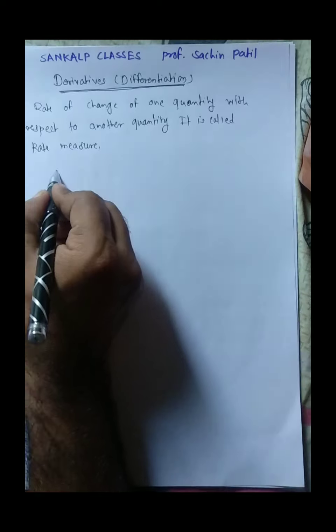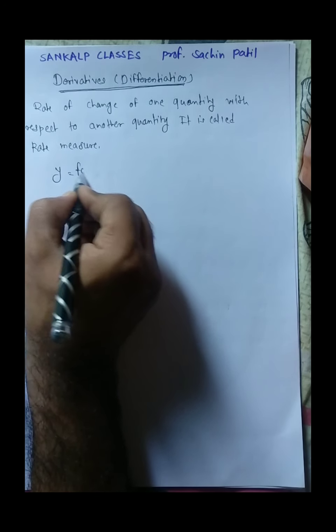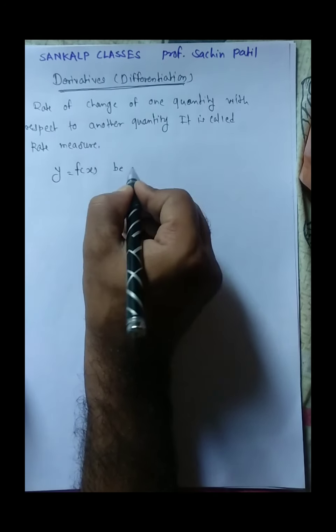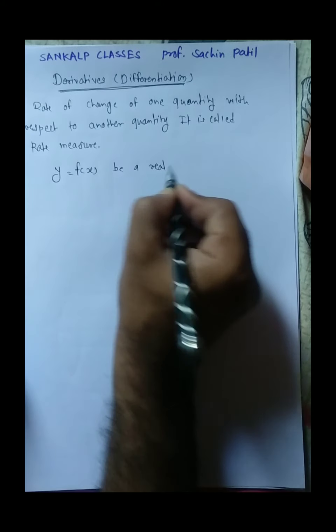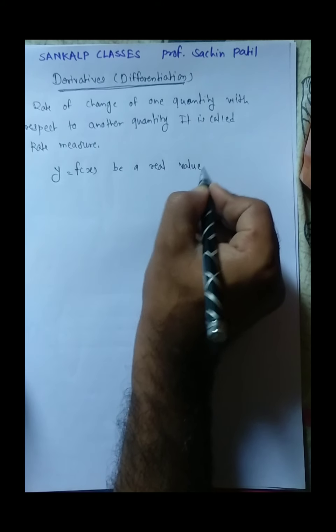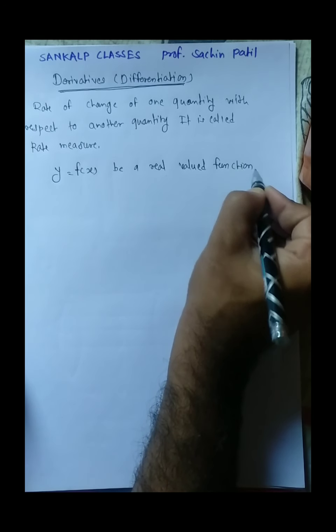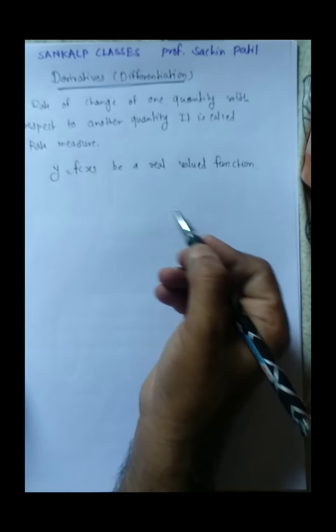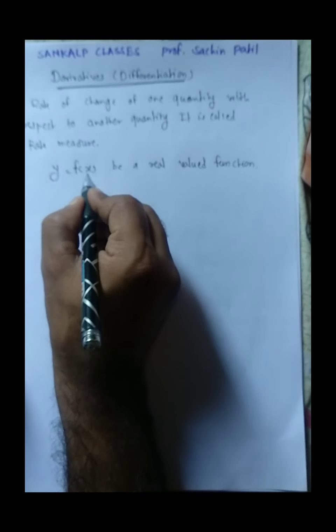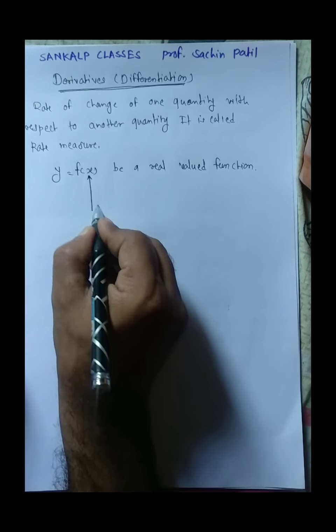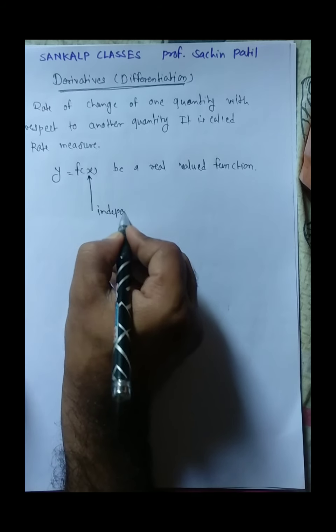Let us consider y is equal to f of x be a real valued function. Then it contains three entities. One is x, which is the independent variable.